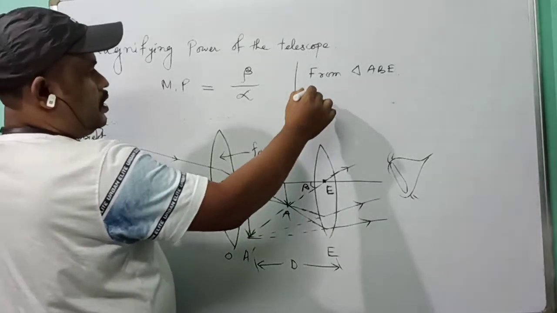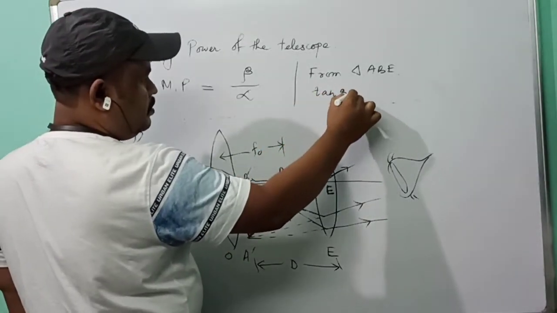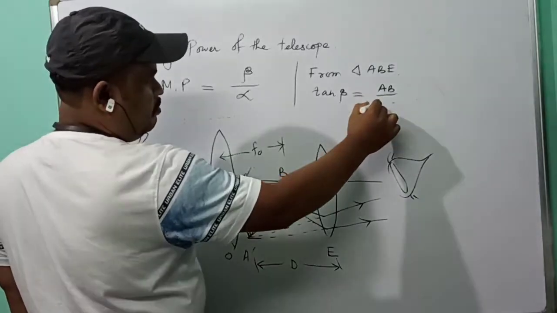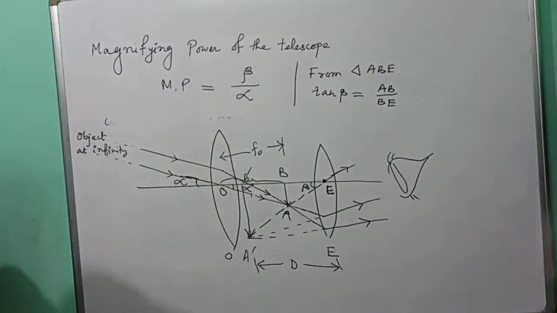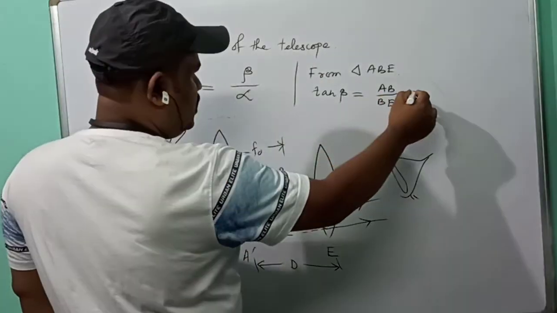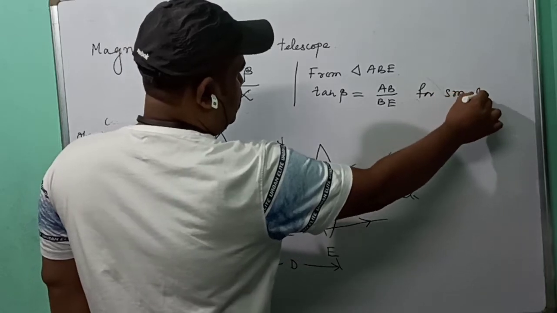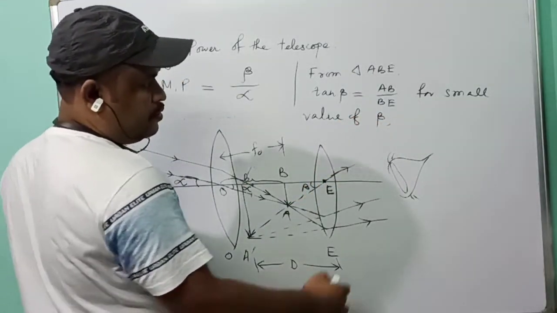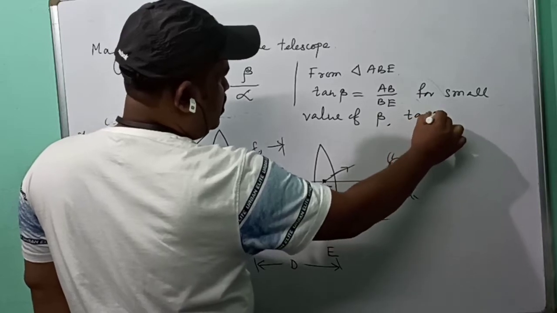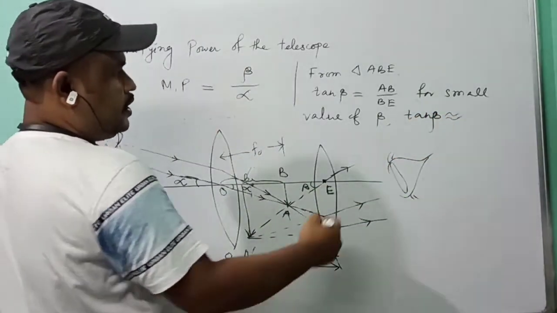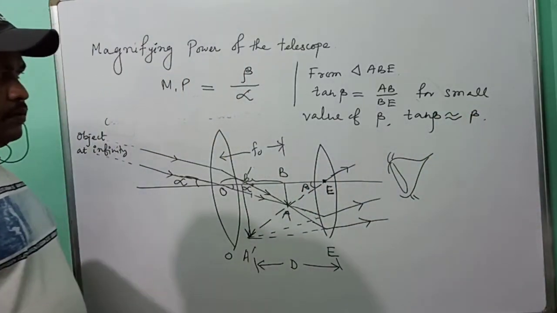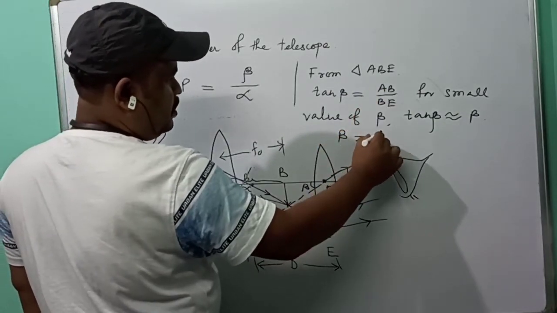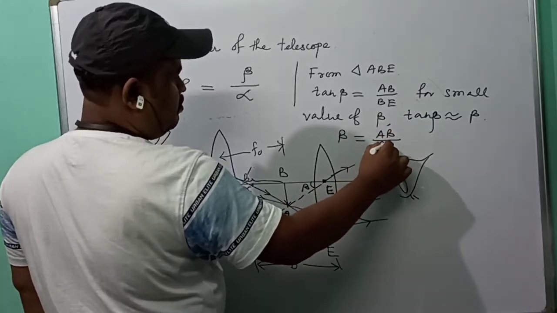We get tan beta equal to AB by BE. For a small value of beta, tan beta is almost equal to beta, therefore we can write beta directly as AB by BE.